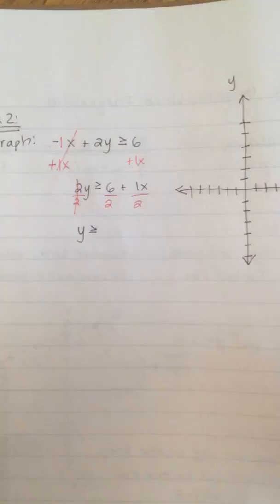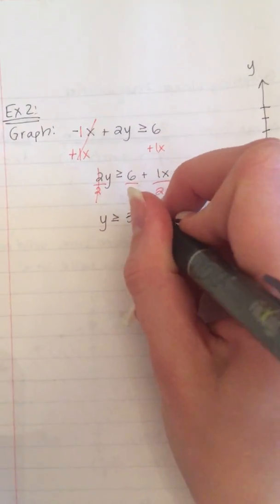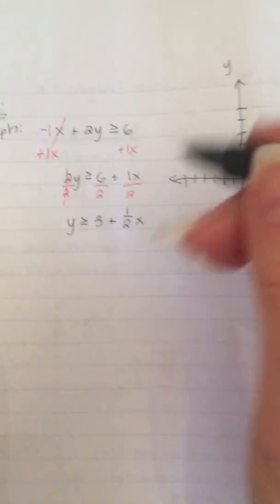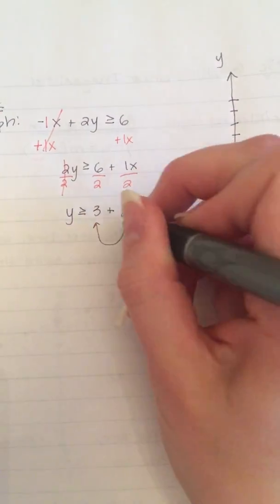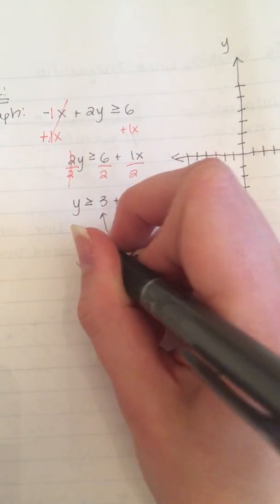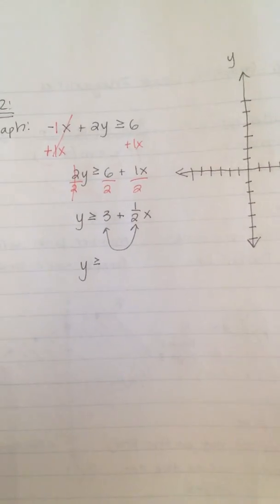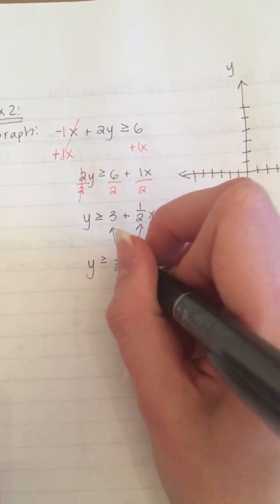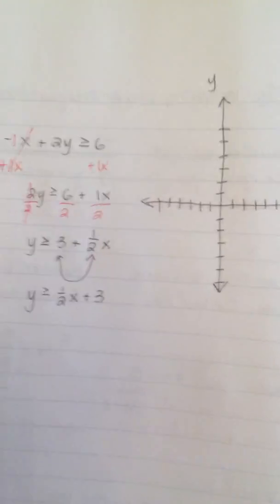We get y is greater than or equal to 3 plus 1 over 2x. Technically, these should be switched around to put it into slope-intercept form. So we're going to have y is greater than or equal to 1/2 x plus 3.